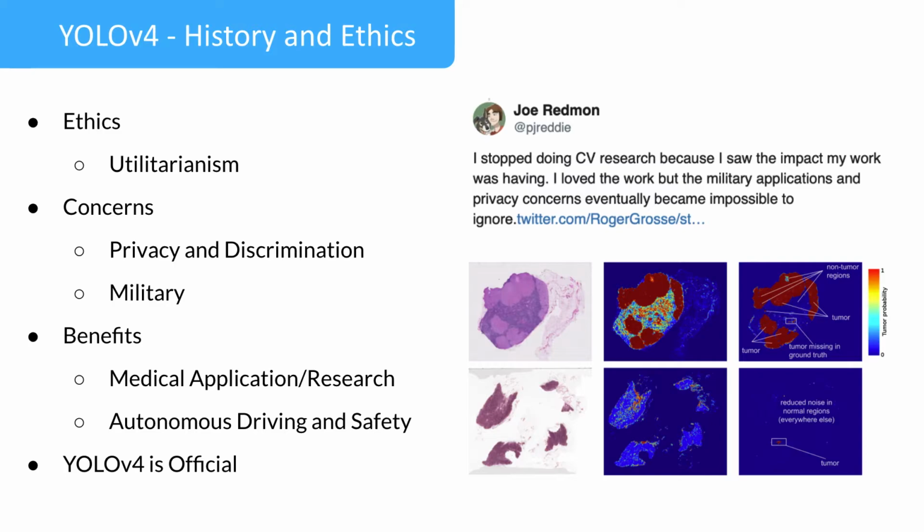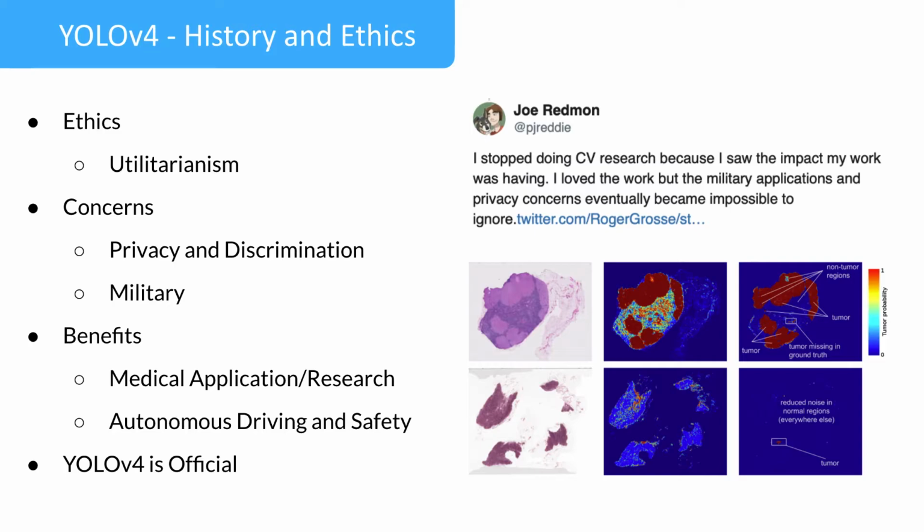So, for example, there are ethical concerns of computer vision beyond just military applications. There's a question of privacy. Facial recognition has come a long way, and governments can track where and what you're doing. In fact, China has already implemented a comprehensive citizen tracker that literally attaches a social score to citizens based on their actions.